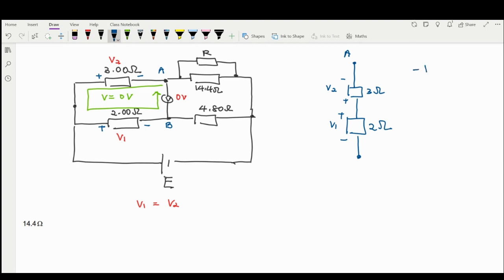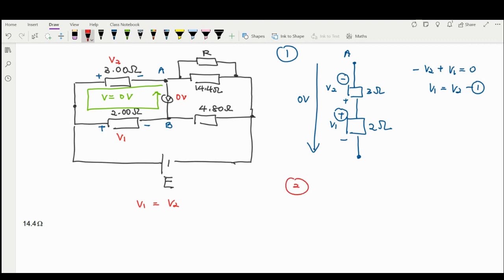So negative V2 plus, reading from top to down, you have negative here so it's negative V2, and a positive here so it's positive V1. This should equal 0 because they tell us here is 0 volts. So you have V1 equal to V2 as your first equation. This is the first step that you have to do for this question.